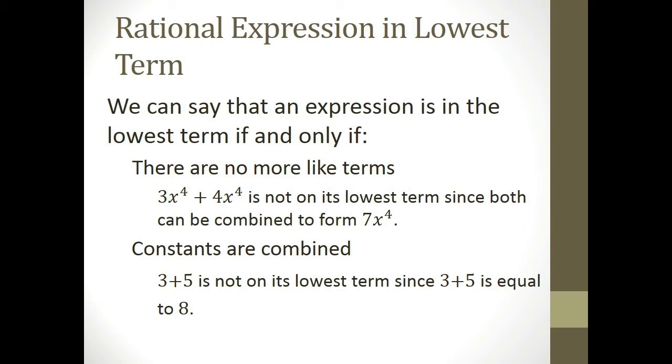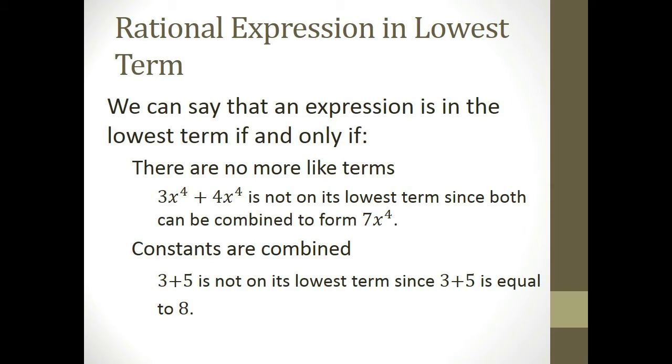Rational expression in the lowest terms. We can say that an expression is in the lowest term if and only if, 1. There are no more like terms. 3x to the fourth plus 4x to the fourth is not in its lowest term since both can be combined to form 7x to the fourth. 2.